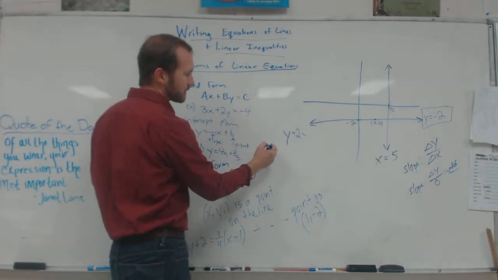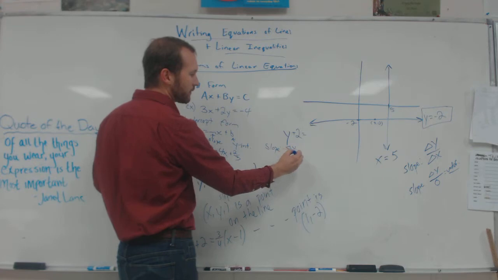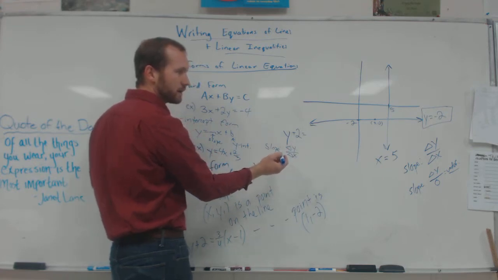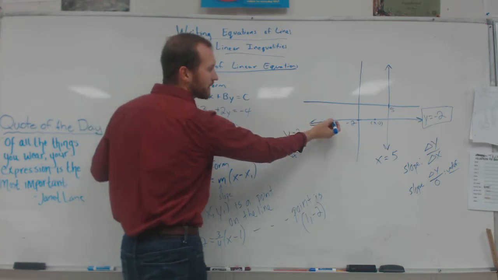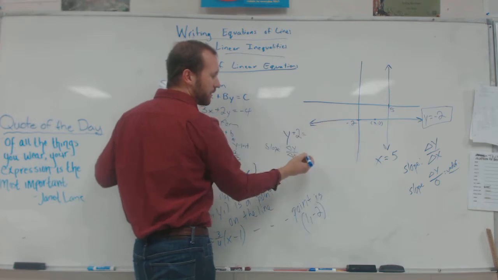Let's think about the slope formula again in general terms. Change in y over change in x. What is my change in y on this line? If I move from here to here, how much did y change by? It's always going to be 0.